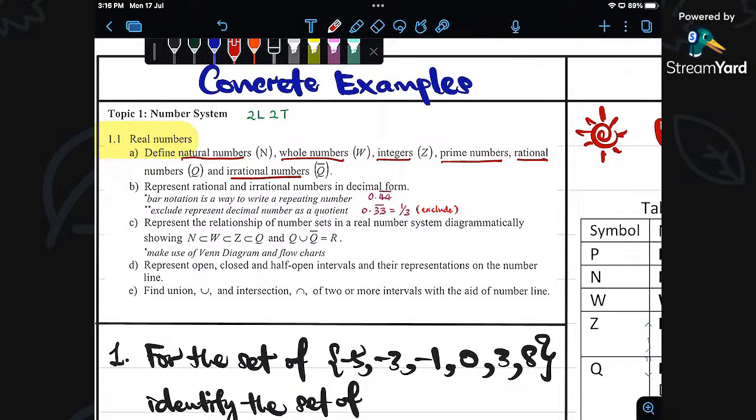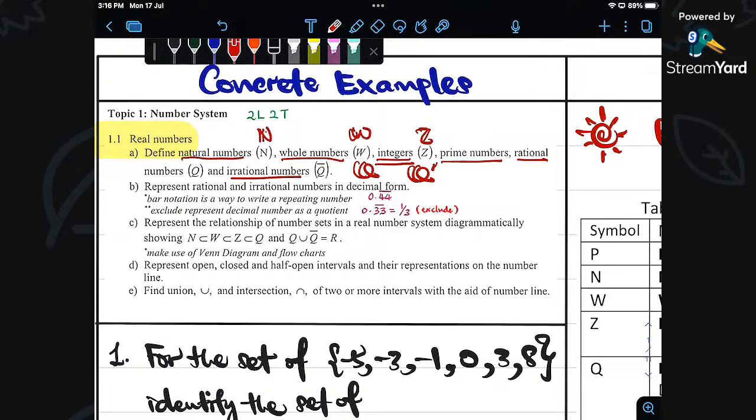These are the important alphabets that you need to know. Z means integers. Rational, we label it as Q or Q bar. Bar means the irrational.